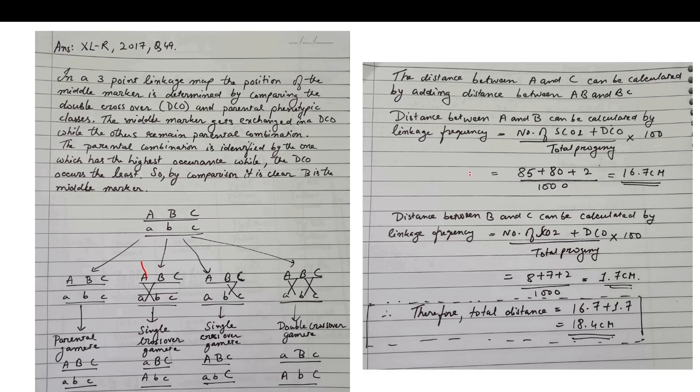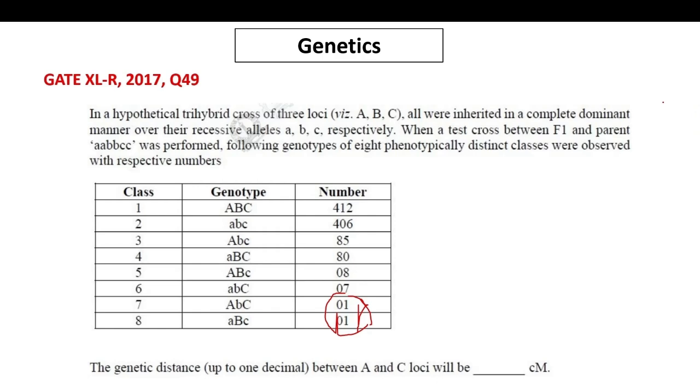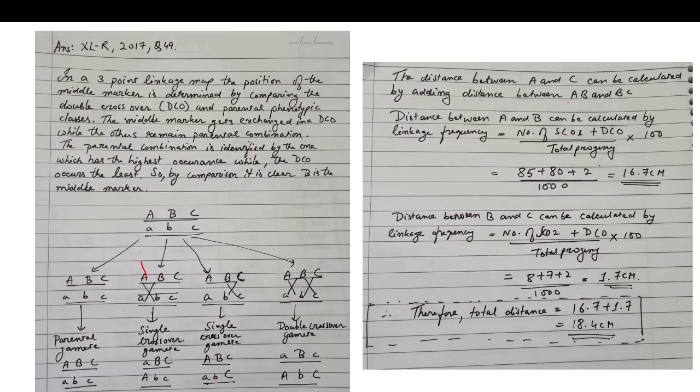Because you are considering the recombinant frequency between A and B, you need to see only those genotypes where A and B are involved in the crossovers. So this is the single crossover and this is the double crossover. That gives you the total number of recombinants, and the total progeny is obtained by totaling all the numbers given here, which gives 1000. Then by calculator, you will get the value 16.7 centimorgan.